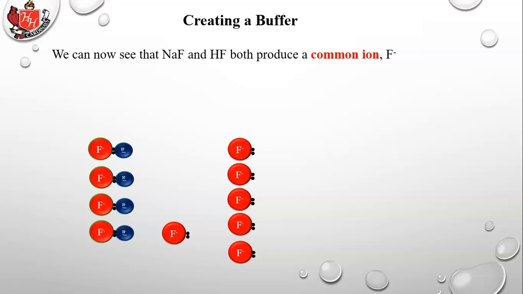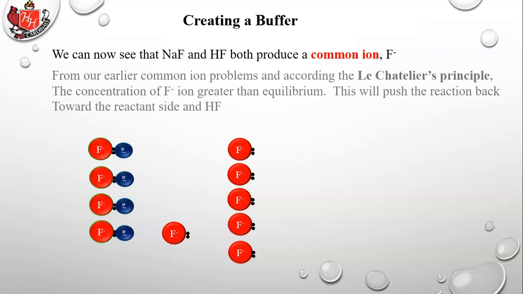So we have more fluoride ions now than hydrofluoric acid. But from our earlier common ion problems, and according to Le Chatelier's principle, the concentration of fluoride ions is greater than equilibrium. Remember, the equilibrium was 4 hydrofluoric acids for every 1 fluoride. Now you have way more than that. You have 6 fluorides and 4 hydrofluoric acids.